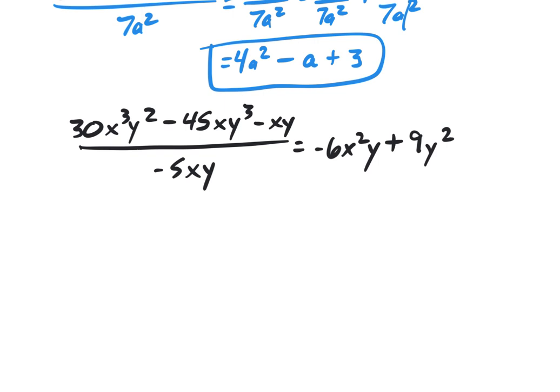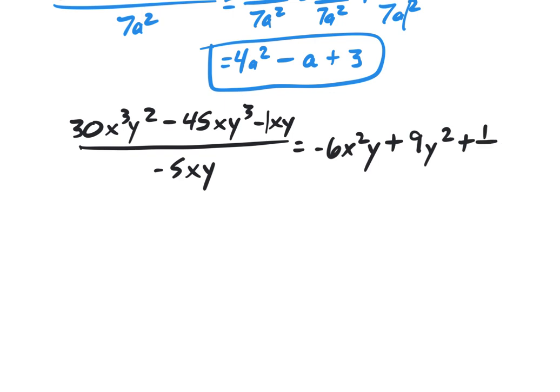Okay, and then for this last one, this is the part that is a little bit weird. Because we don't have a number here that will divide by 5 evenly, right? And so there's several different ways that we could write it. But first of all, negative and a negative is going to make this a positive. And then this is an assumed 1 right here.